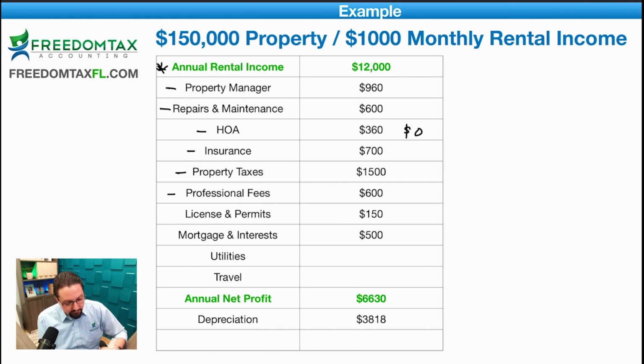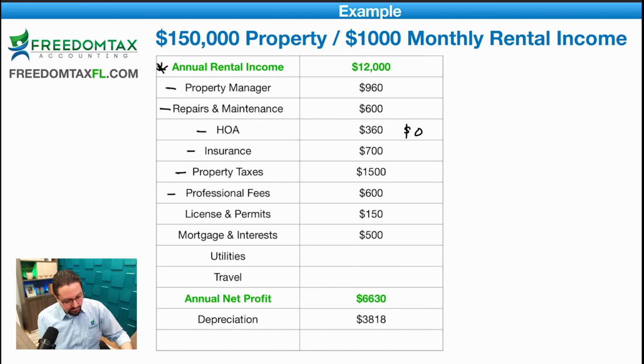You can deduct professional fees. For example, whatever you pay your CPA to do your tax returns at the end of the year. If you have an LLC, you have to file your state annual report for your LLC. So if you need to pay a lawyer or your realtor, all that you can deduct as professional fees.